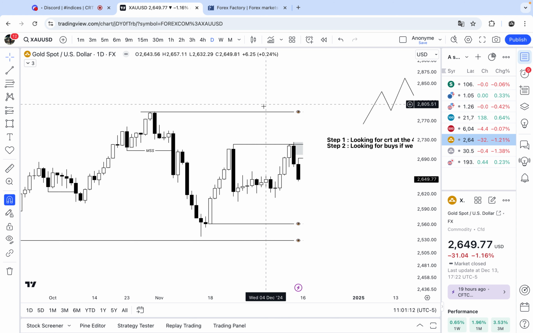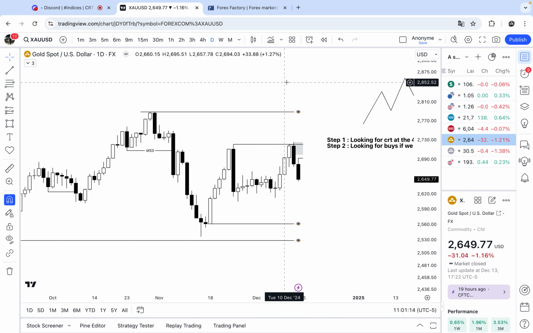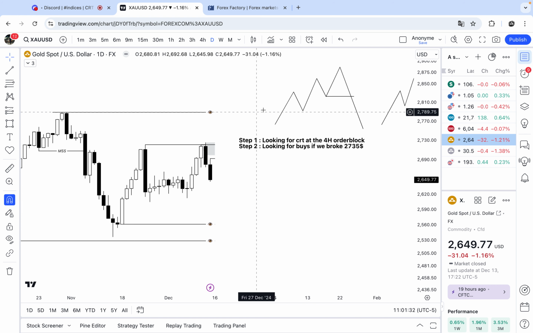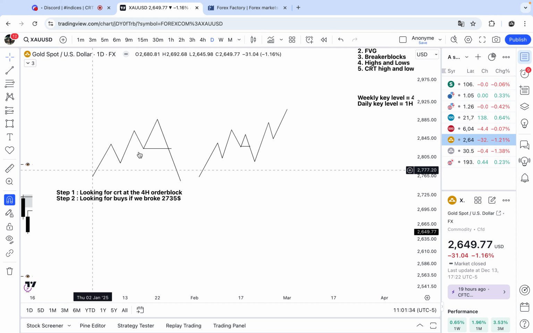What I'm looking for? I'm looking for order blocks, fair value gaps, CRTs, and highs and lows. First thing, that's what I'm doing. Second thing, I'm looking for market structure.